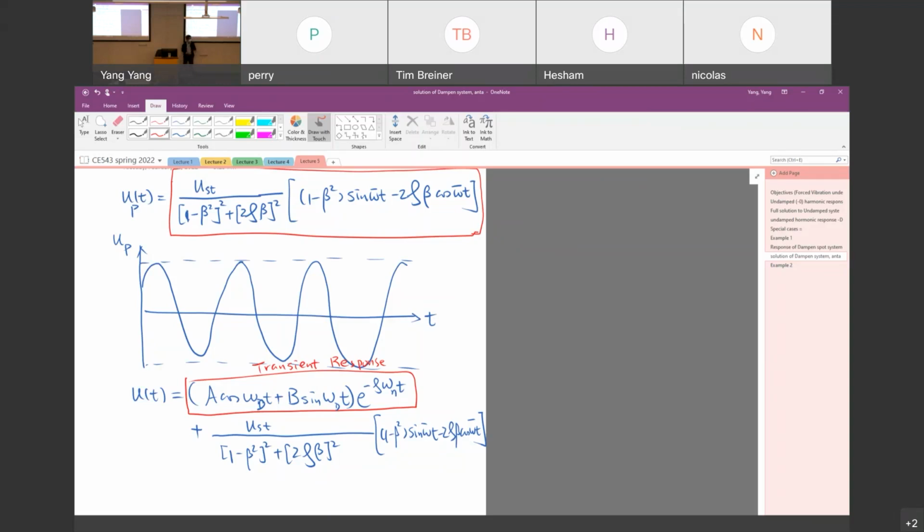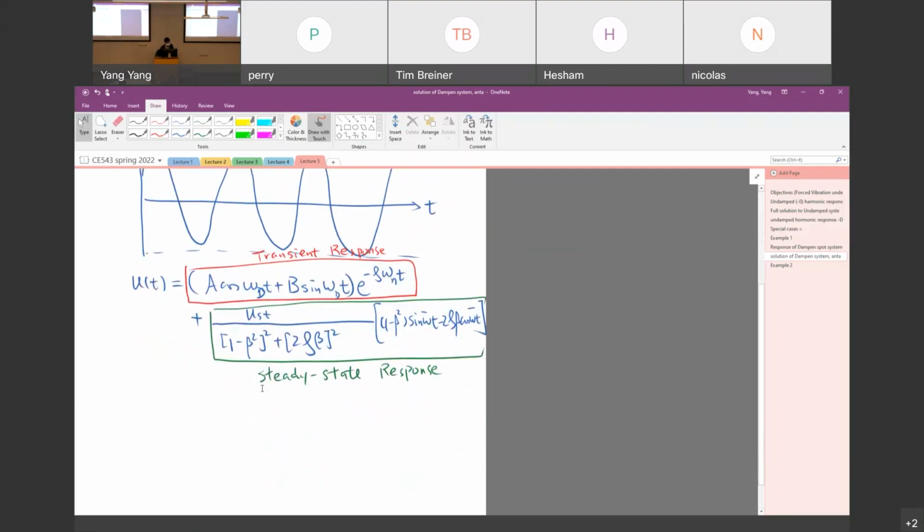The second part, whose amplitude is determined by the loading, is called the steady state response.